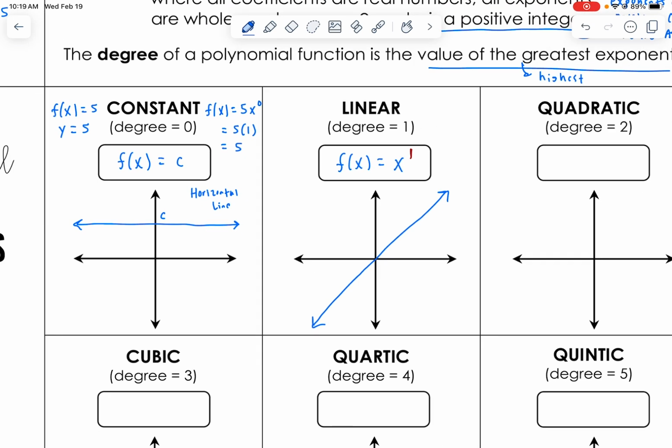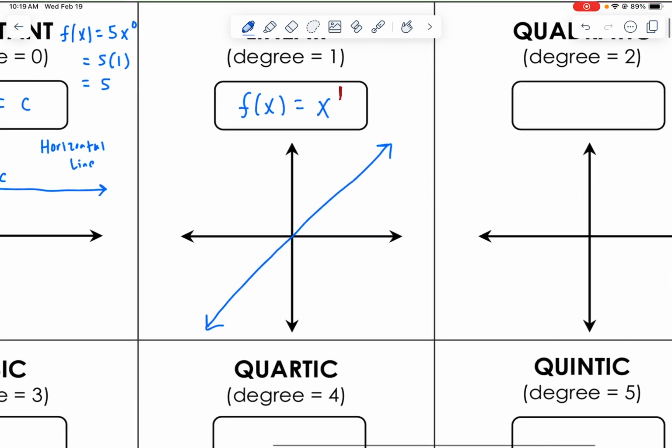And notice here, we intersect the x-axis at this point right here. So it intersects the x-axis, and it goes through it.